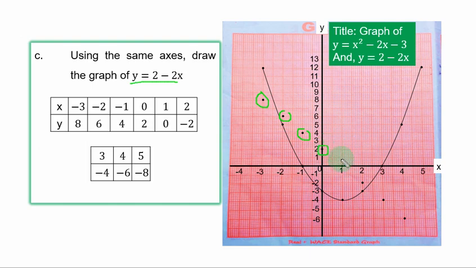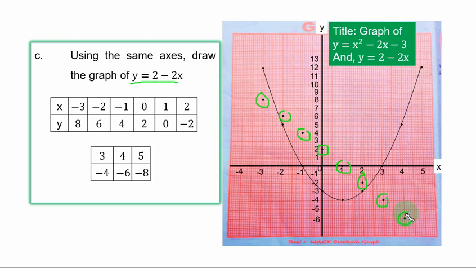1, 0. When s is 1, y is 0. You plot that directly on the s-axis. This is 2, minus 2. You have 3, minus 4. This is 4, minus 6. The last point, you can discard it.